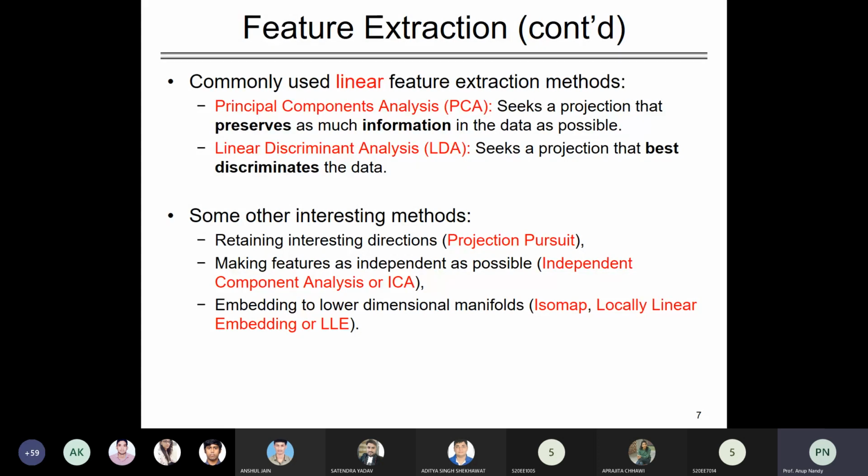Those techniques can be used from different research perspectives. It is not necessarily true that all the techniques are useful for any given data. You have to see the characteristics and nature of the data and what properties it holds. Based on these, you can apply these techniques. But here we will only look at PCA and LDA.